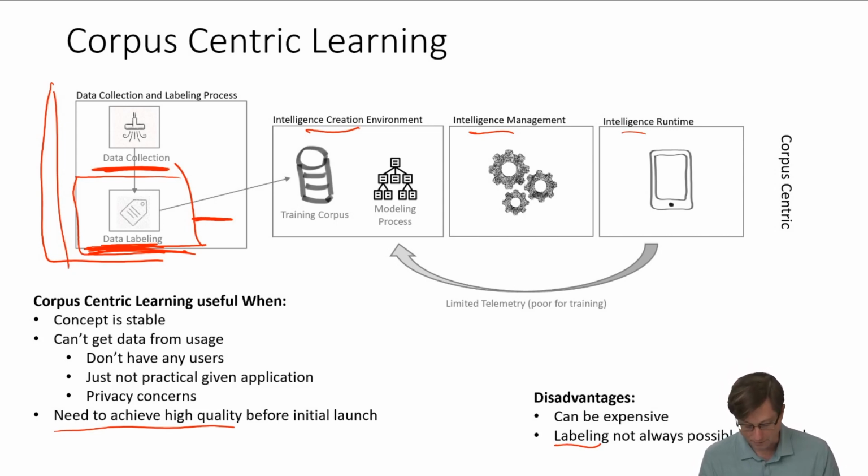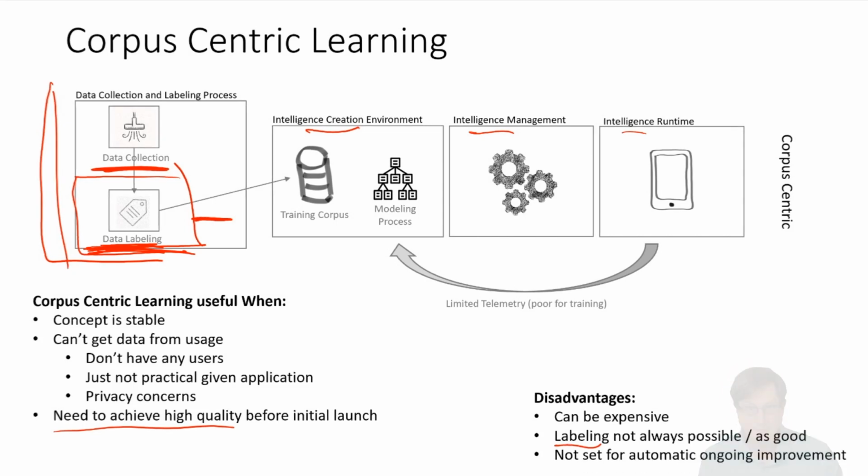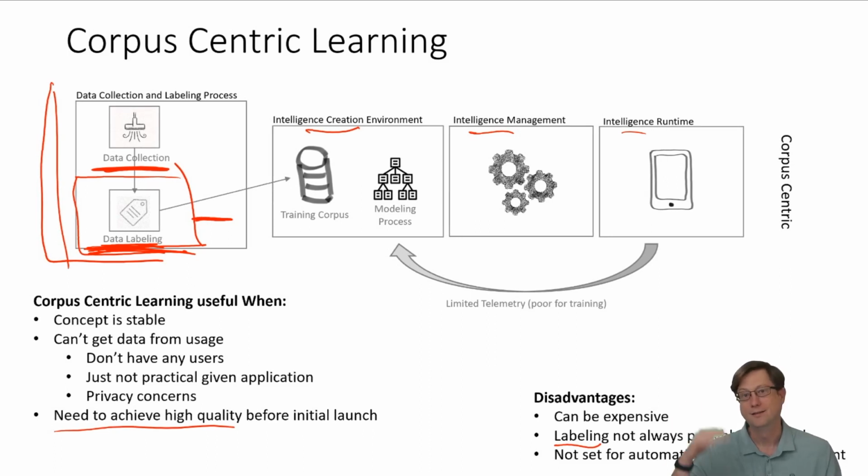You know, pros and cons of a lot of different things. Of course, the corpus-centric approach is not set up for ongoing improvement in its purest form. I mean, you could imagine combining corpus-centric with a closed loop, and that's certainly possible, but in its pure form, it's about invest, learn a model, use a model, done.